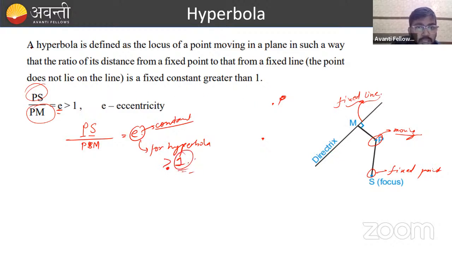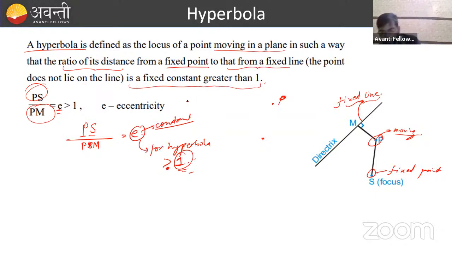So this is the definition of hyperbola. Hyperbola is defined as the locus of a point moving in a plane in such a way that the ratio of its distance from a fixed point to that from a fixed line is a fixed constant greater than 1.